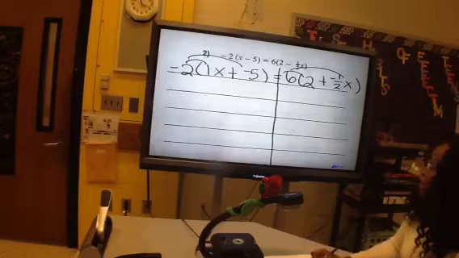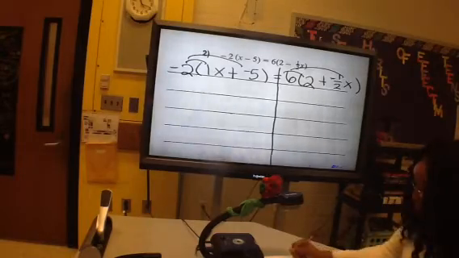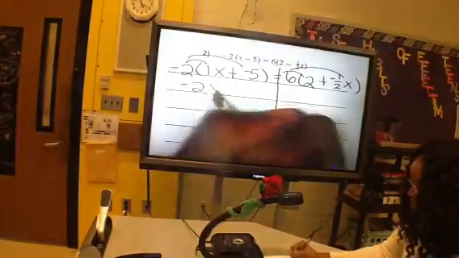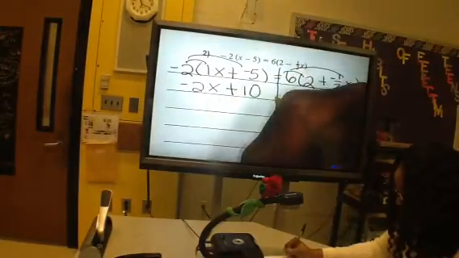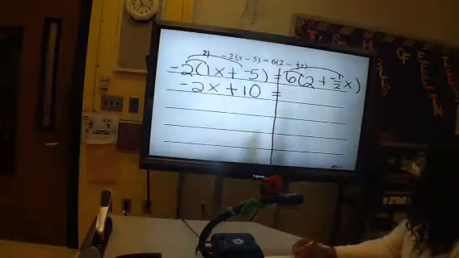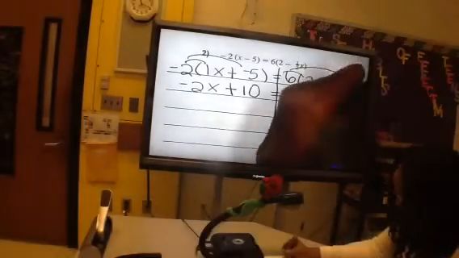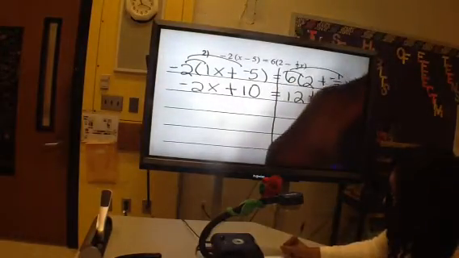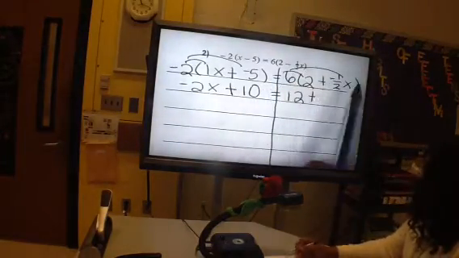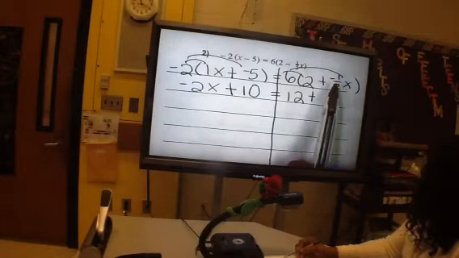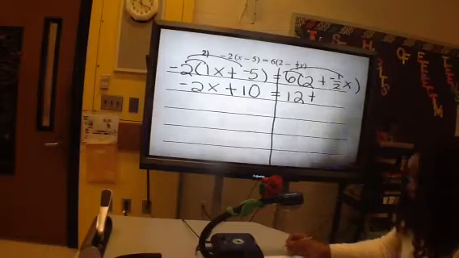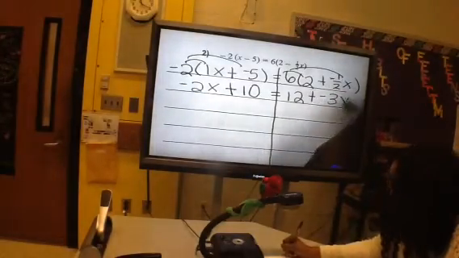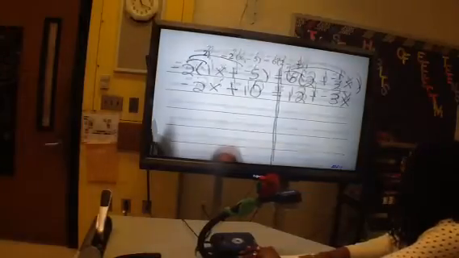So first step, -2 times 1 will give me -2, x goes with it, plus sign. -2 times -5 will give me +10, equal sign. 6 times 2 will give me 12, plus sign. 6 times -1/2 is the same thing as dividing by -2, because my numerator is a 1, so that's going to be a -3x. So that is my new picture.